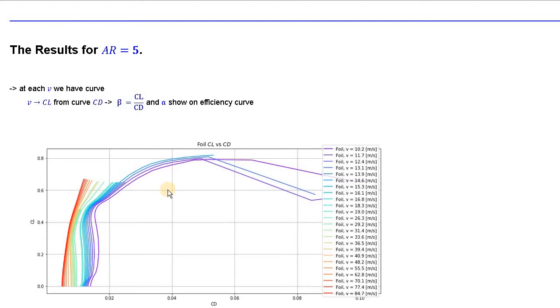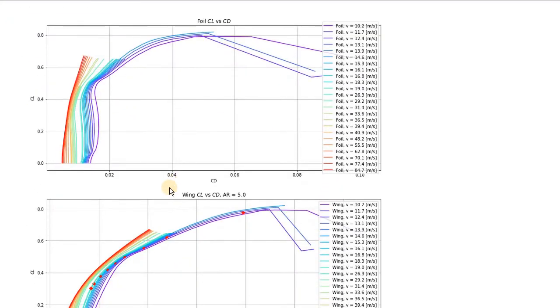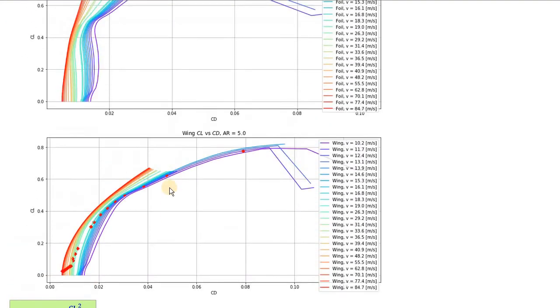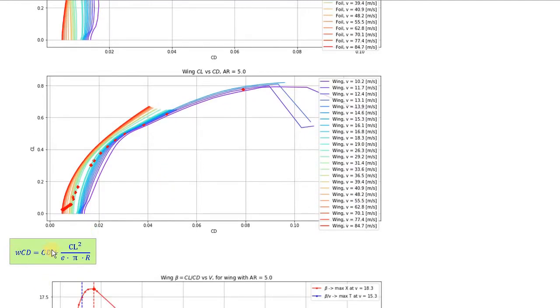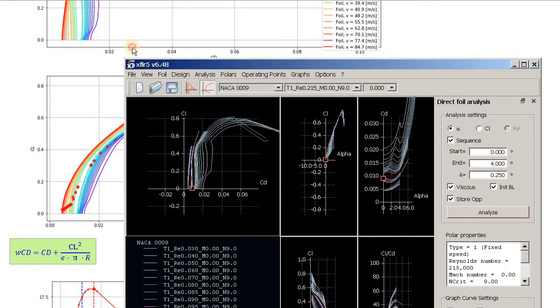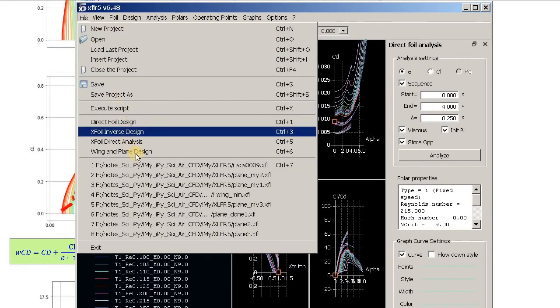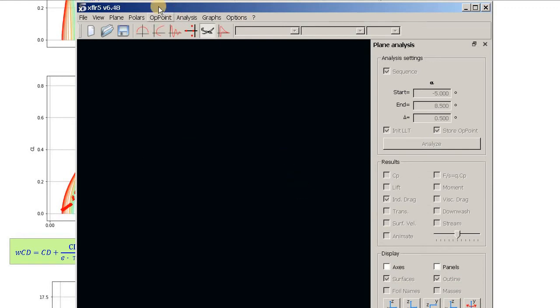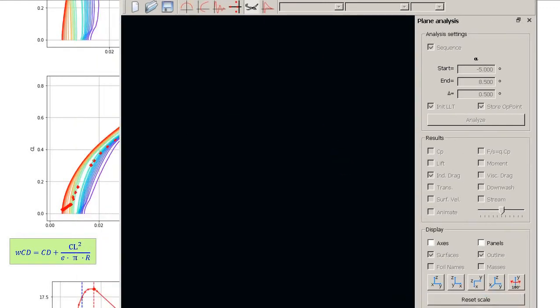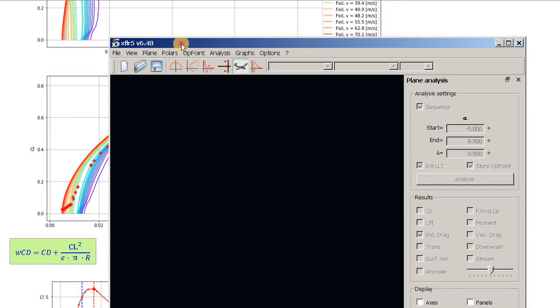We are serious here, and we would like to have results for the 3D analysis of the wing. So we use this beautiful equation, and once again I have proven that this simple approach gives the same result as this software. So I don't have to run the software, at least for simple wings.